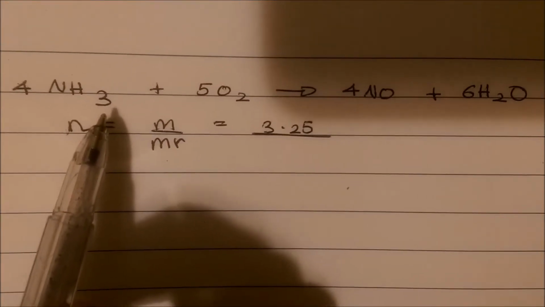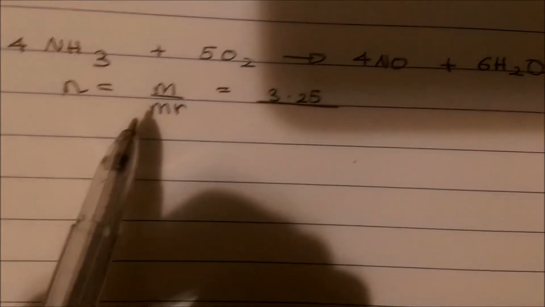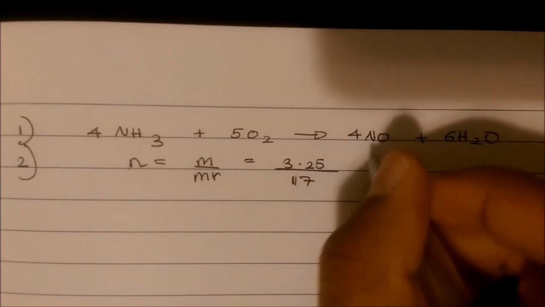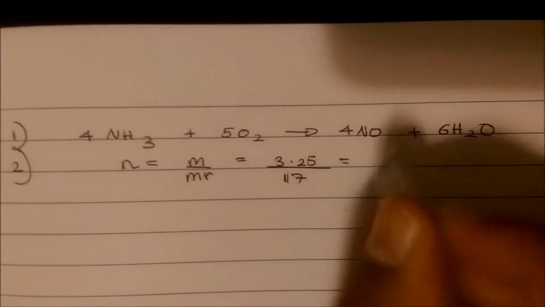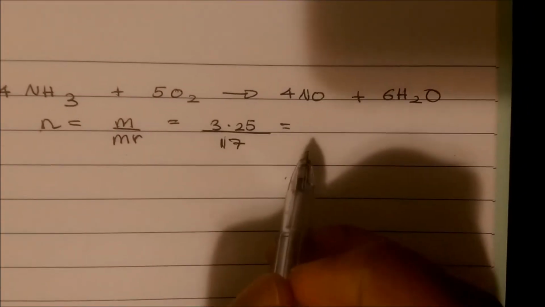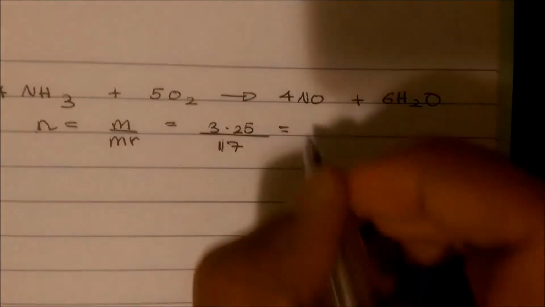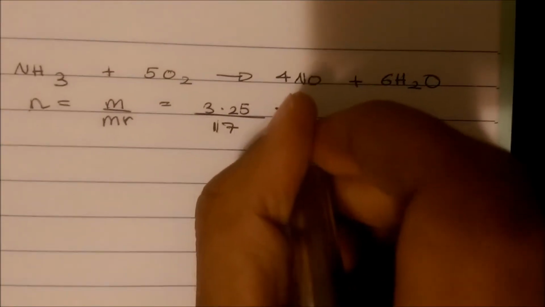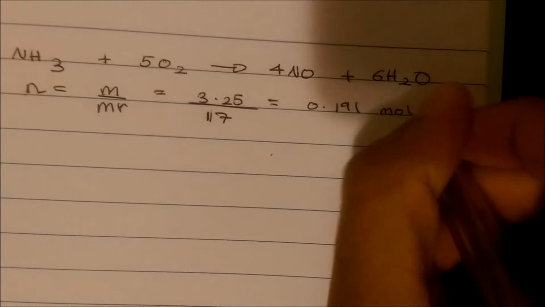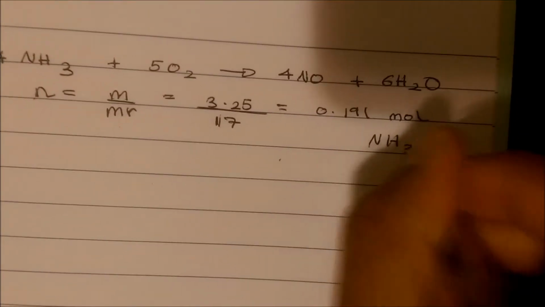The Mr of nitrogen is 14 plus 3 hydrogens, so that's 14 plus 3, so that's 17, give or take a few milligrams, and 3.25 divided by 17 is going to be 0.191 moles of NH3.